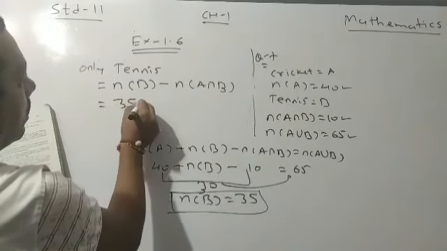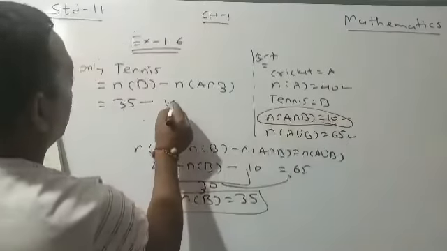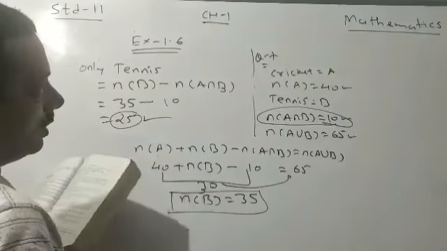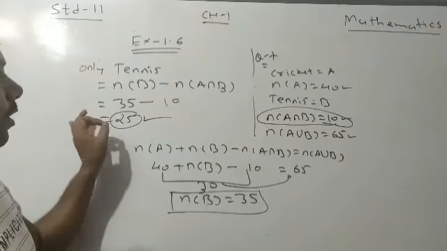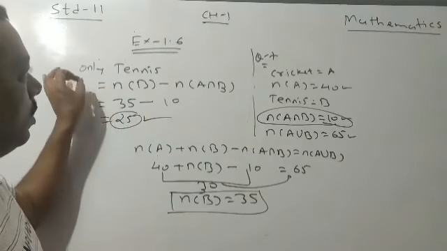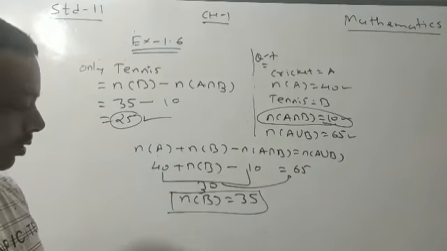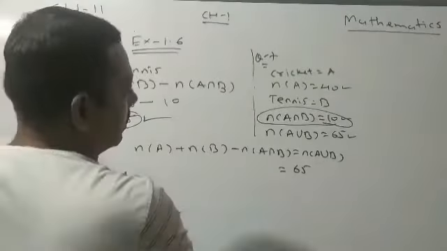So 35 minus the common elements, 10, that we will subtract. So 25. So from those 65 people, only 25 people like only tennis, not cricket. Clear? Okay.